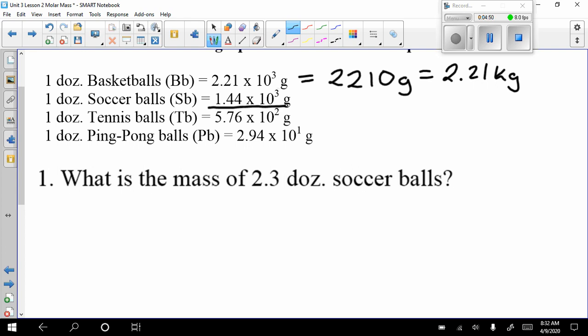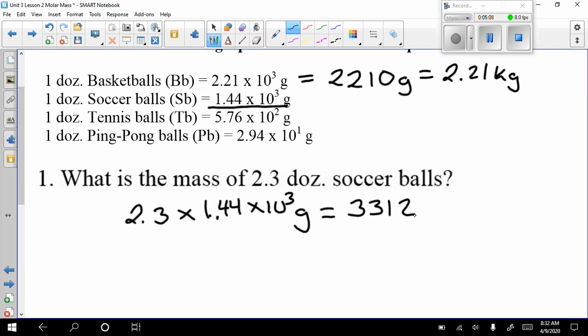And so 2.3, I would go, okay, well, 2.3 times 1.44 times 10 to the 3 grams. And then you would say, well, if you type that into your calculator right now, it would say 3,312 grams.